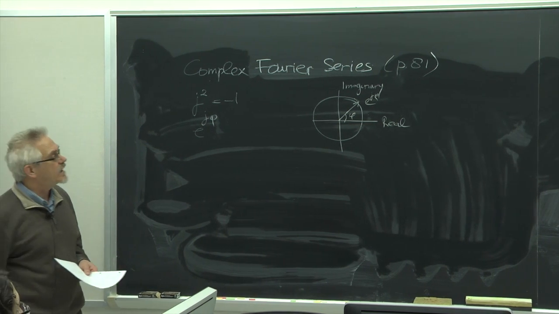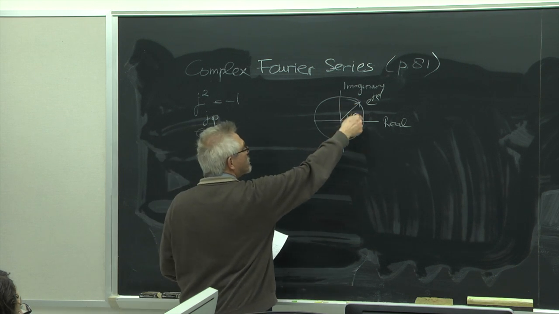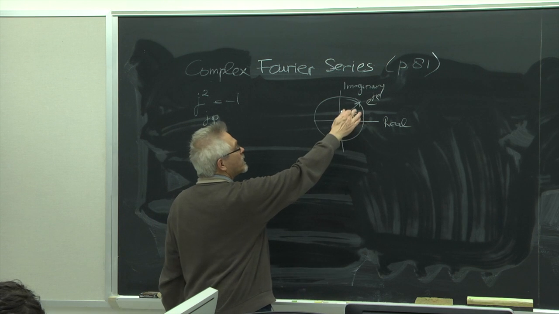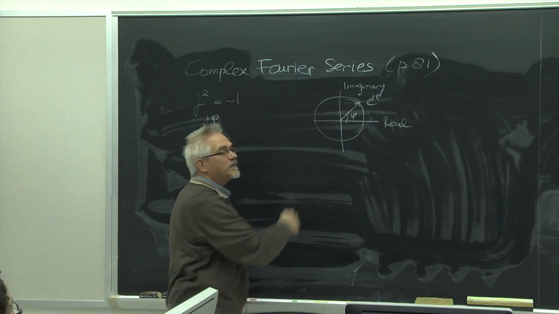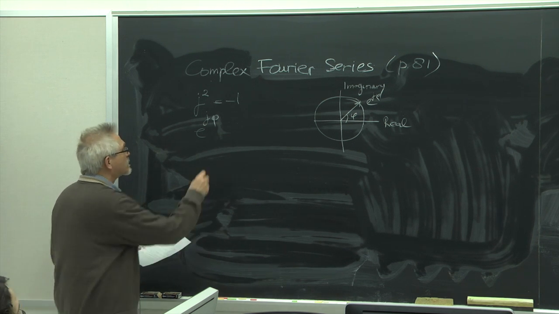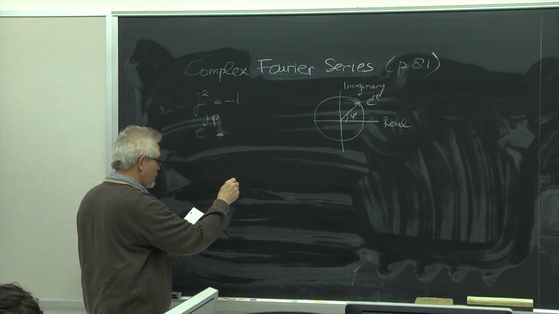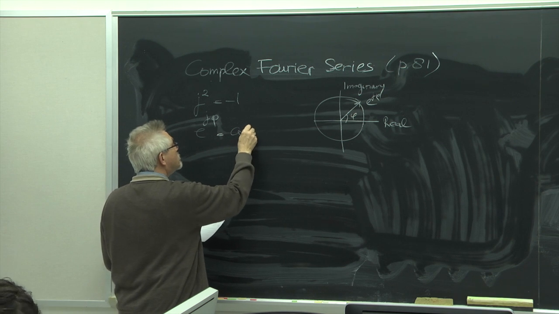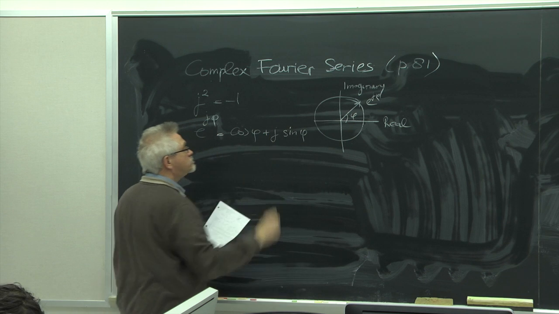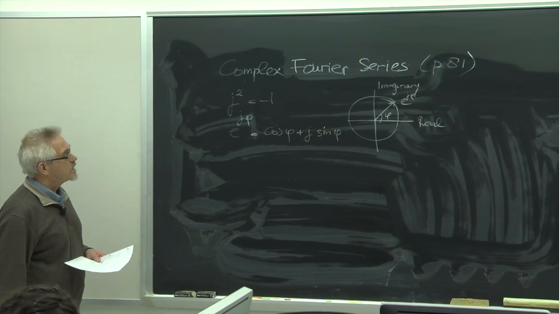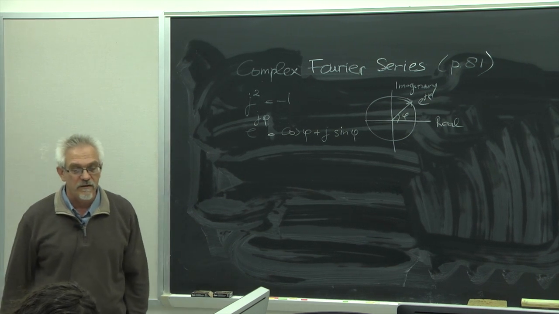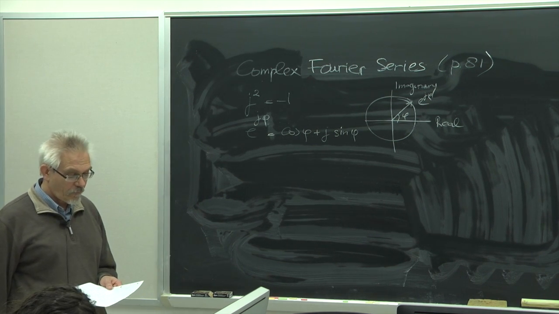And as you can see, that contains a real component which is proportional to the cosine of phi, and it contains an imaginary component that is related to the sine of phi. And that is exactly what this Euler relationship is telling you. And so these two relationships are relationships that we will use very often.